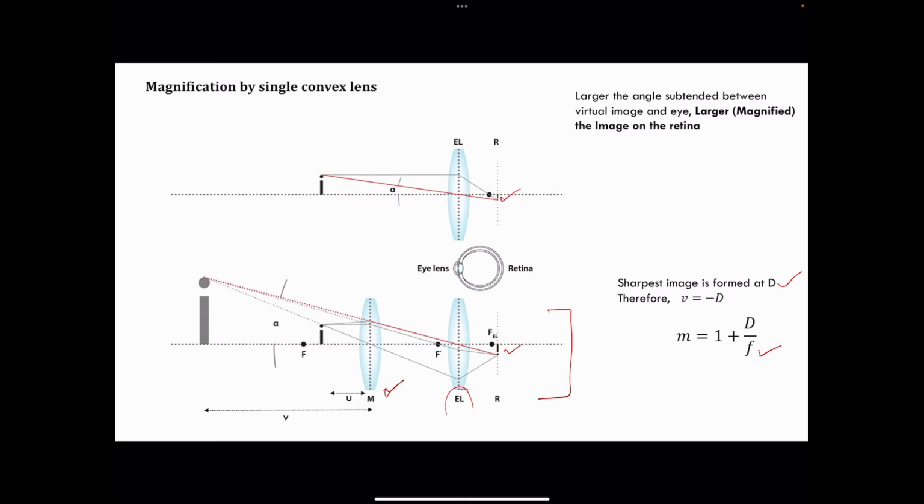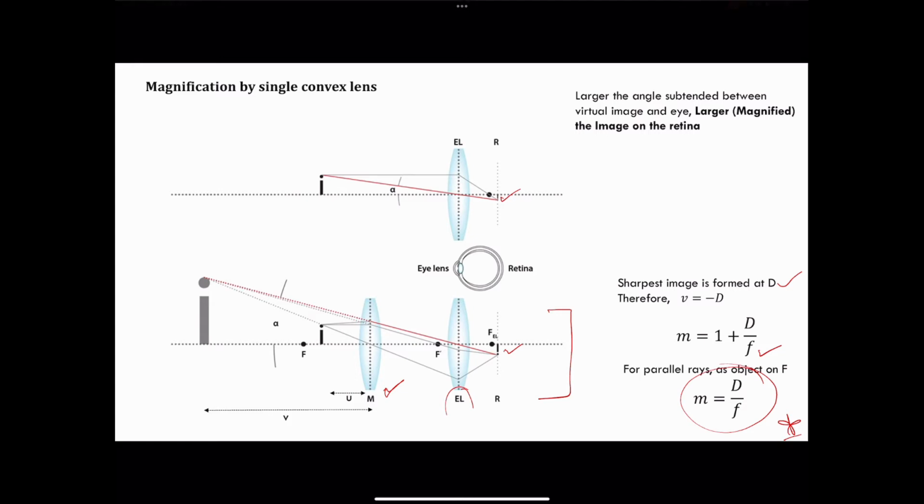In this case we can see the magnification when the object is inside the focal plane. But what happens when we keep the object at the focal point? The magnification can be calculated by the distance divided by the focal length, and this is the formula you can use to calculate your magnification when you keep your object at the focal point.